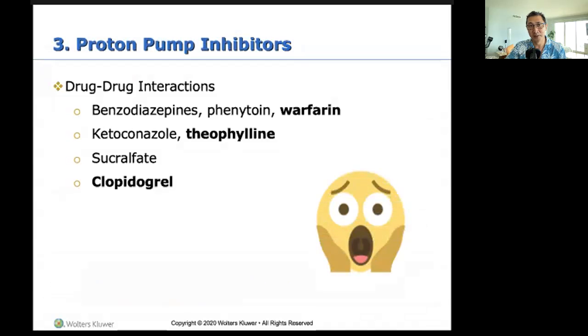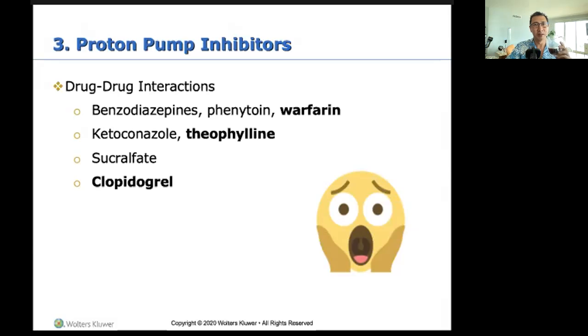That can be dangerous. If you give me this PPI, it may affect the efficacy of my breathing medicine. I kind of need my breathing medicine. I'm a COPDer. You cannot mess with my breathing. I can barely breathe to begin with. No, hard pass. They need something else.